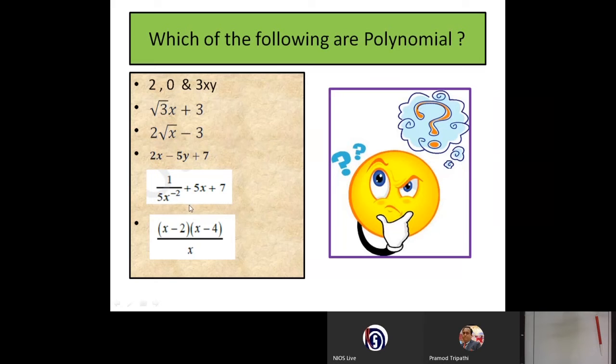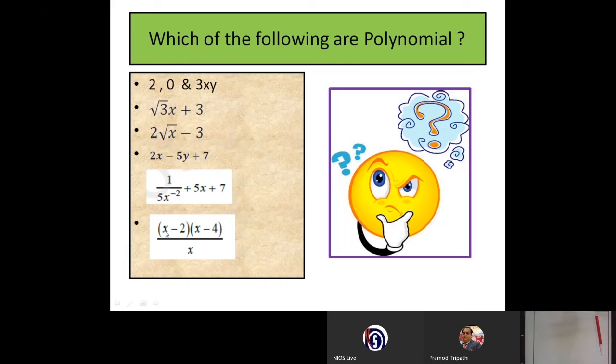So it will be 1 upon 5 into x raised to the power 2 plus 5x plus 7. When x reaches the numerator, the exponent will be plus 2. Minus 2 changes to what? x raised to the power 2. So it will also be a polynomial.